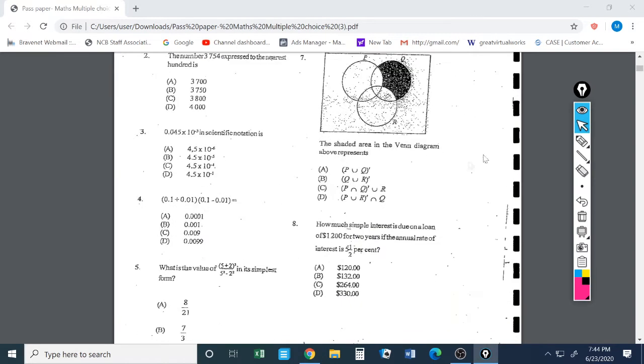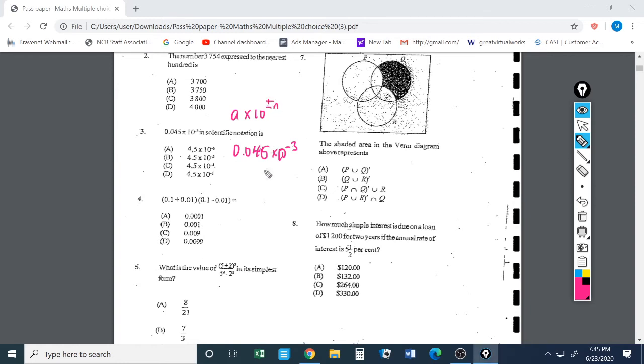The next one says 0.045 times 10 to the negative 3 written in scientific notation is. Anytime you're writing something in scientific notation, you have to have it as a times 10 to the negative or positive n.